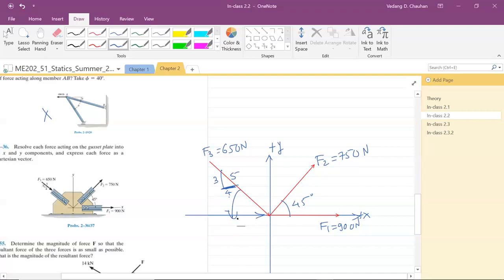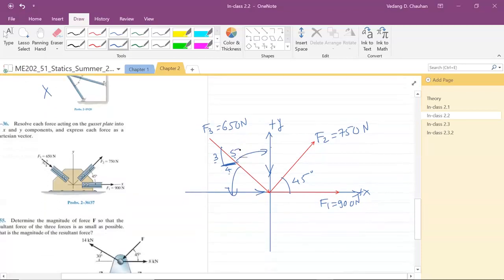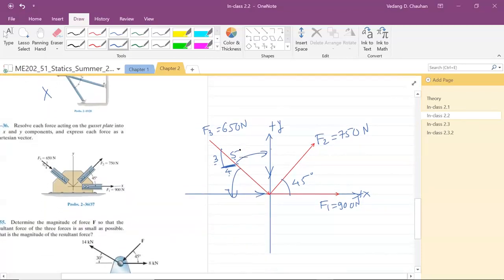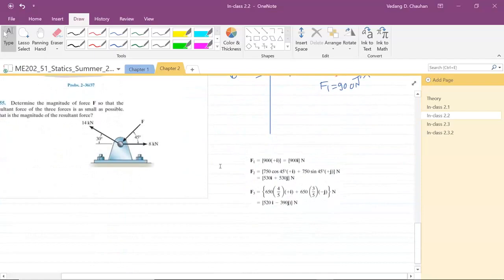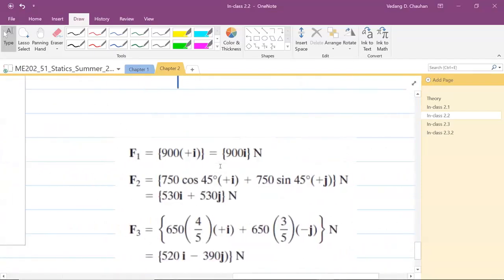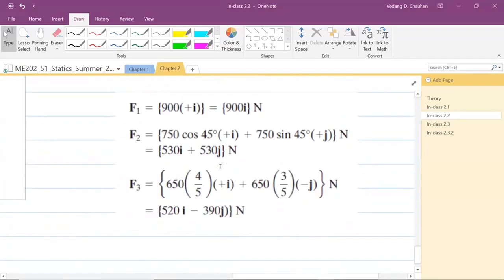And y component, when we project this arrow on y-axis, it will point down, so y component will be negative. That will be 3/5 of 650. And then multiply with appropriate unit vectors. So when we do that, we get this representation: F1, F2, and F3.